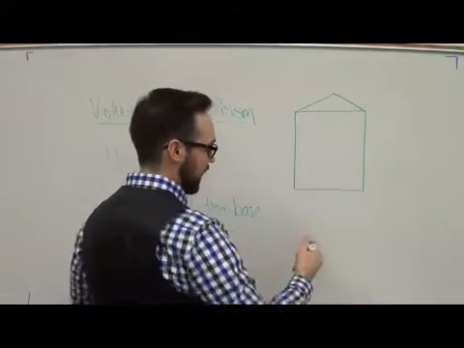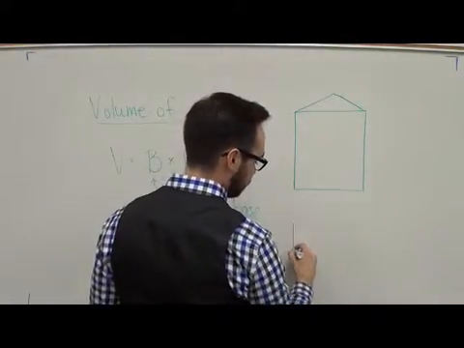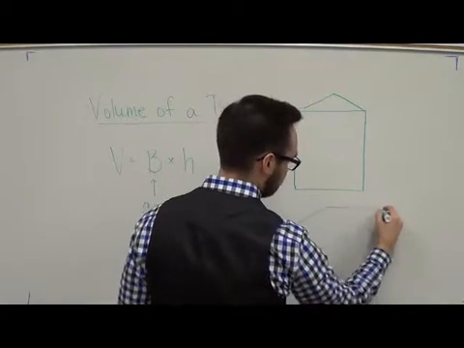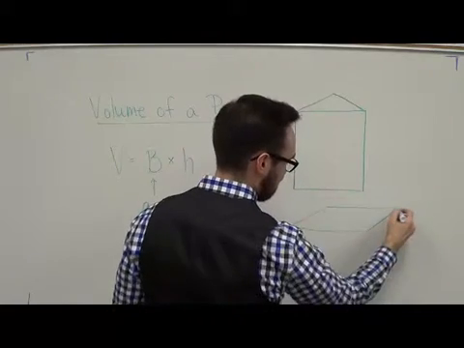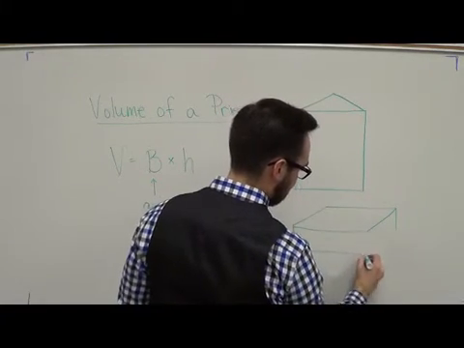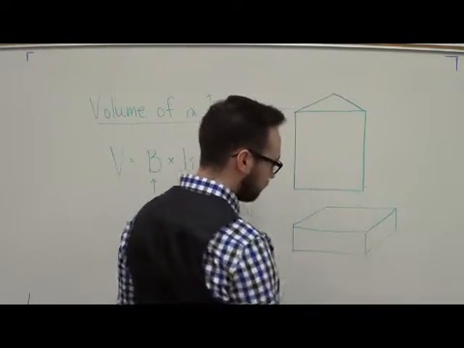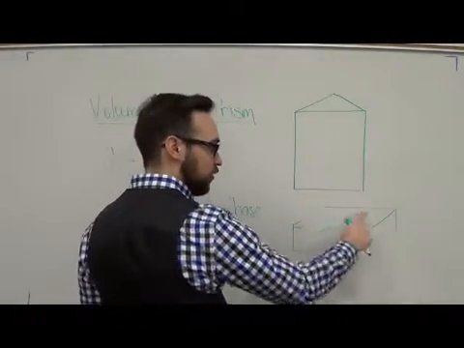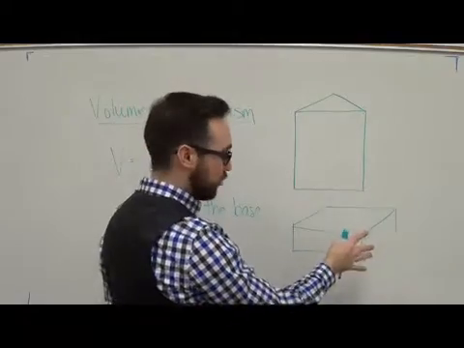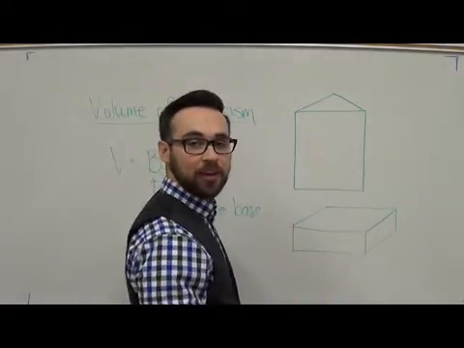Now if I have a rectangular prism like this, you could call the base the top of it, but notice you could really go any direction because they're all rectangles.